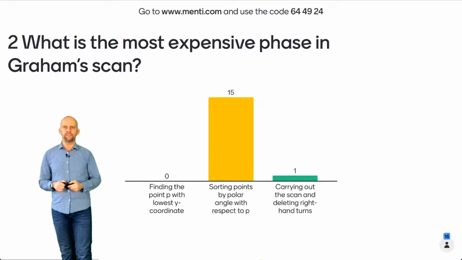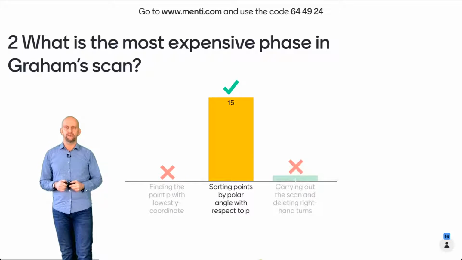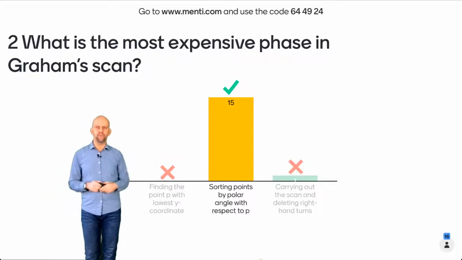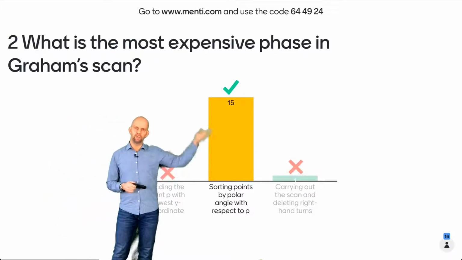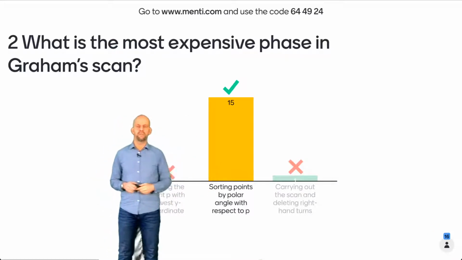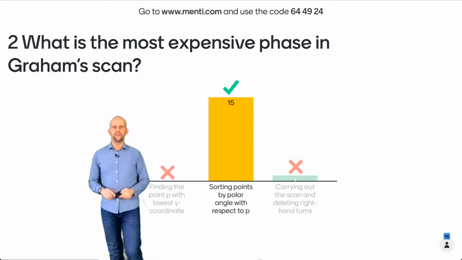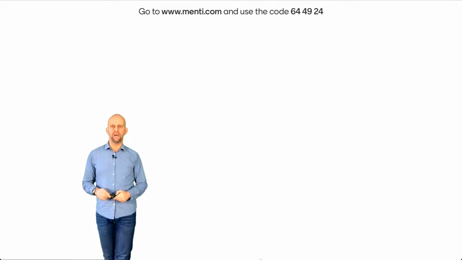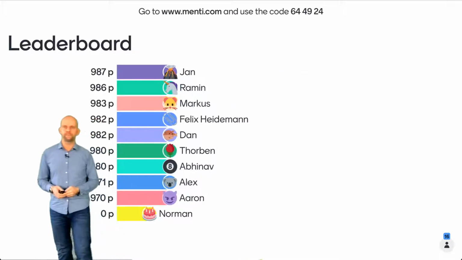And the answer is, of course, the sorting. Once you have done the sorting, we'll revisit the sorting today, and we'll talk about complexity and n versus n log n versus n again. That is correct, and we'll see how that affects your points.